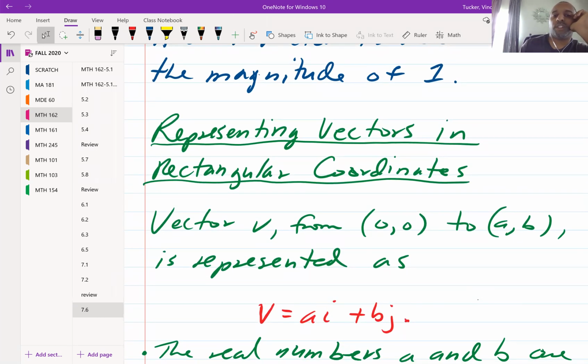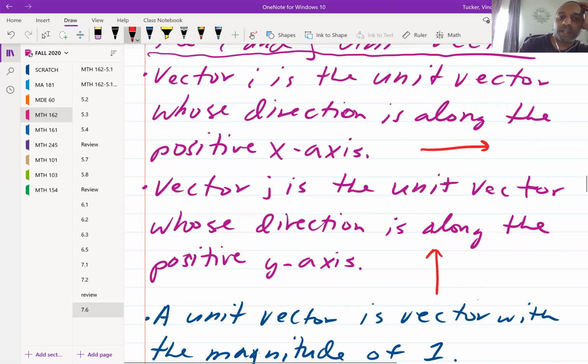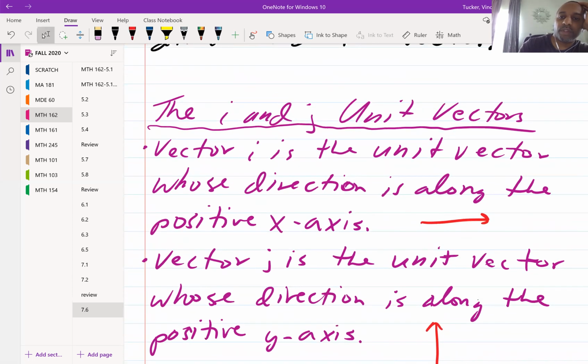Representing vectors in rectangular coordinates. Vector v from 0, 0 to a, b is represented as v equals ai plus bj. Don't forget i and j are your unit vectors.